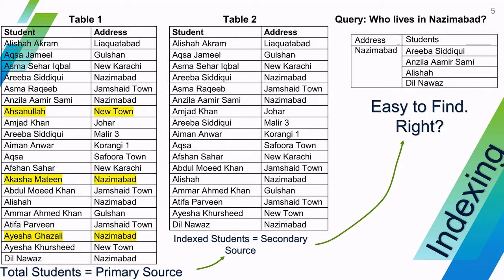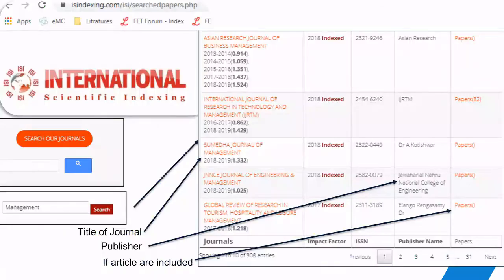I hope this has given you a clear picture about indexing. Let's now see some real examples of indexes. However, please remember the example of students, we might use it in upcoming slides. The indexation of a journal is considered a reflection of its quality.